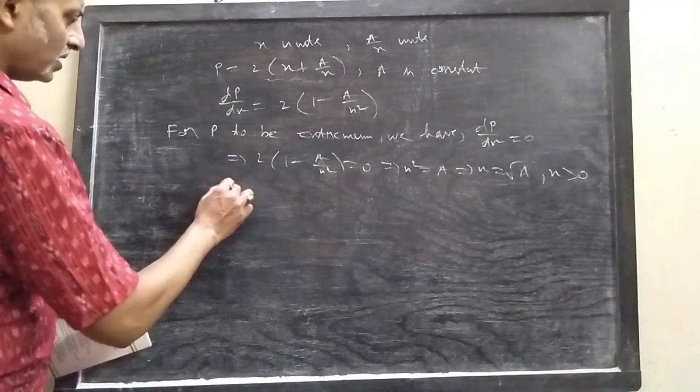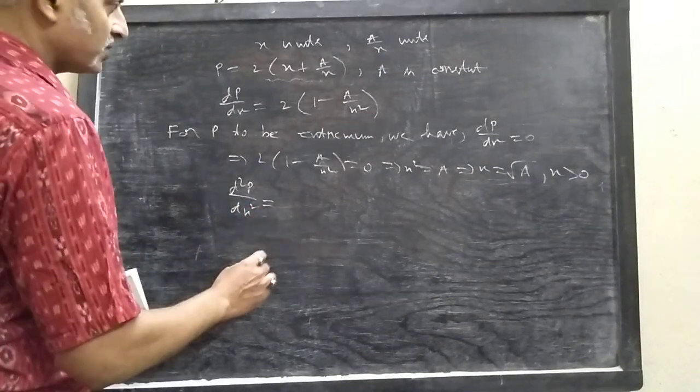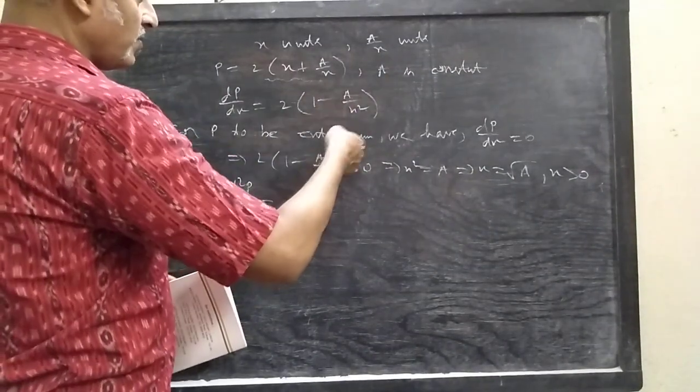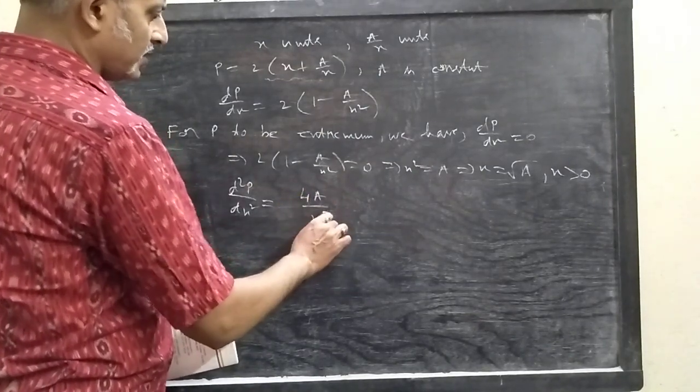Now you have to find the double derivative. d2P/dx2 will be 4A by x cube.